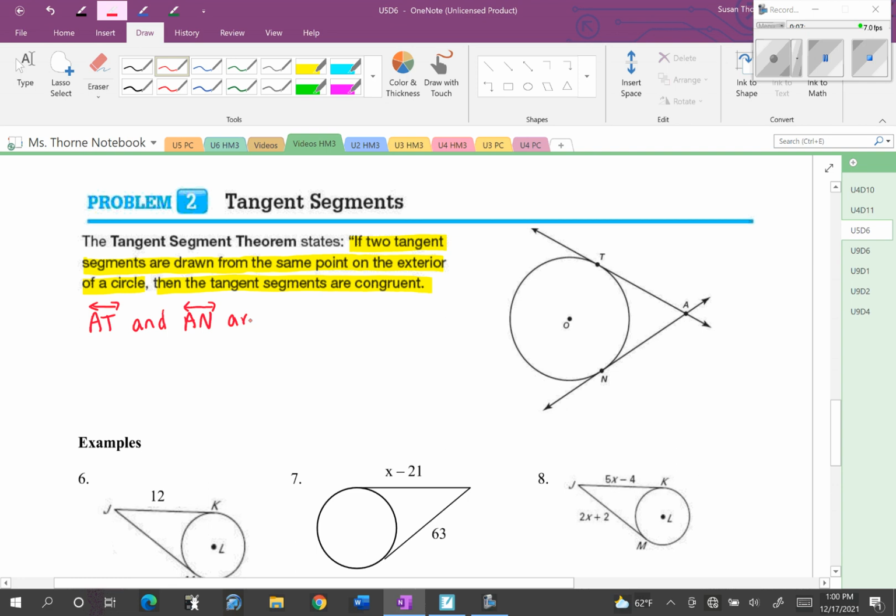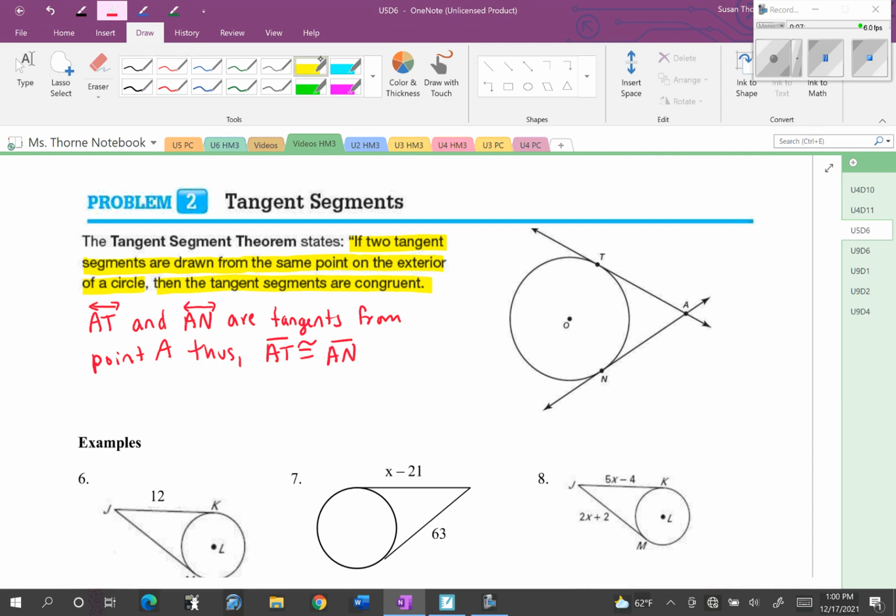So they are tangents from point A. Thus, AT is congruent to AN.